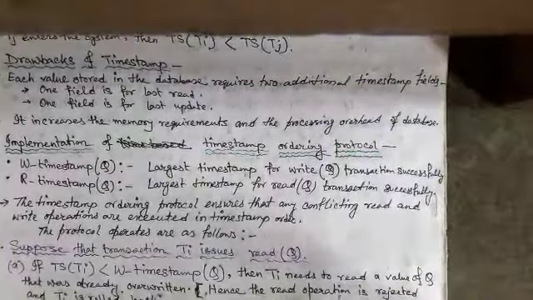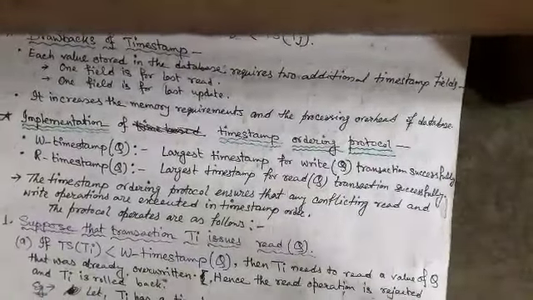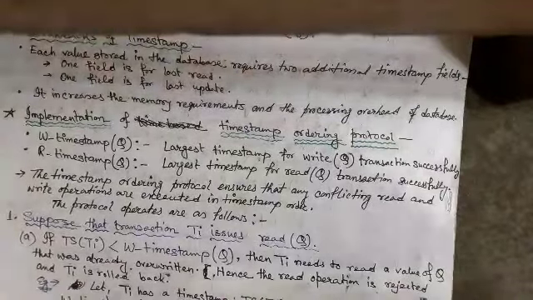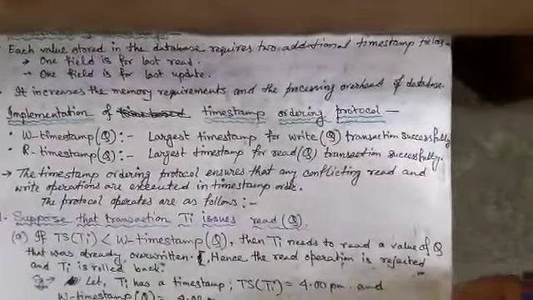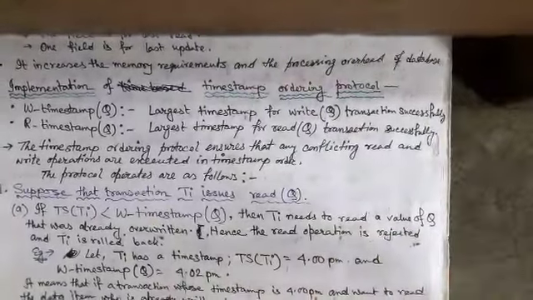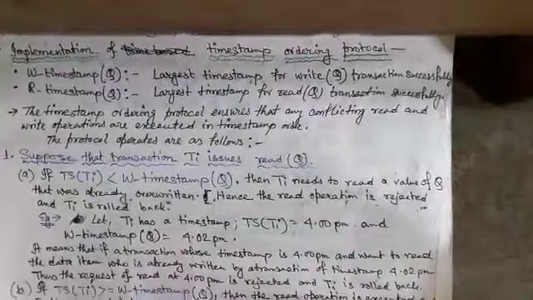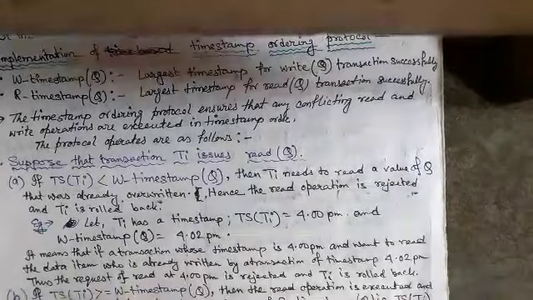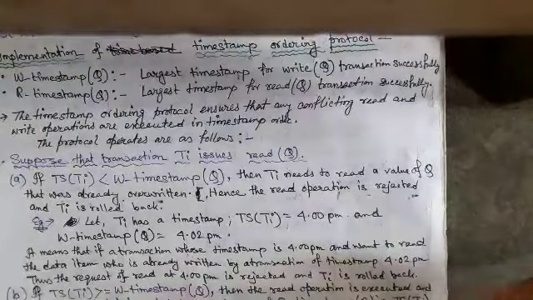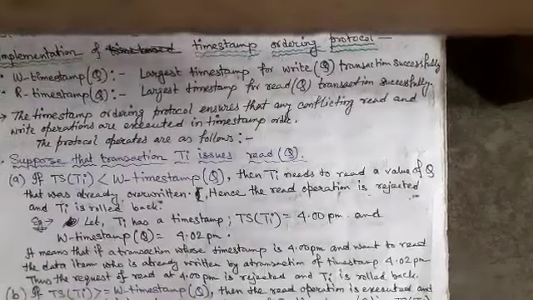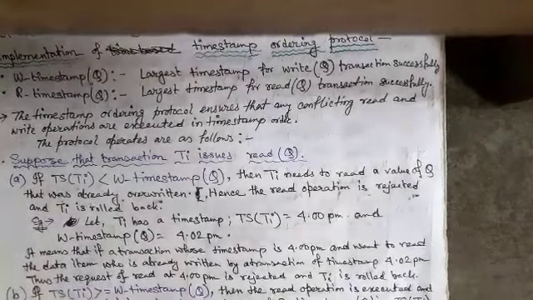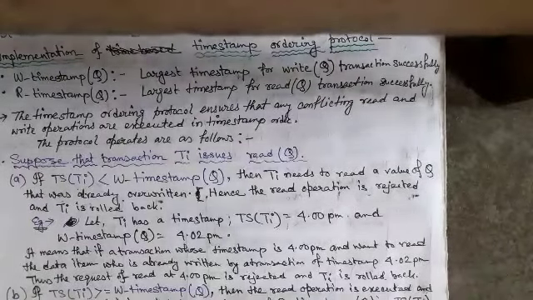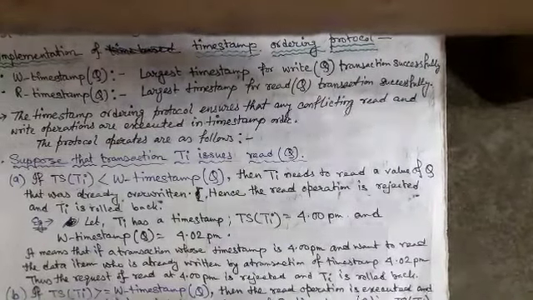The timestamp ordering protocol ensures that any conflicting read and write operations are executed in timestamp order. Now, let us see how the protocol operates. The first case: suppose a transaction Ti issues the read operation on the item Q, that is, issues read Q. There will be two cases.